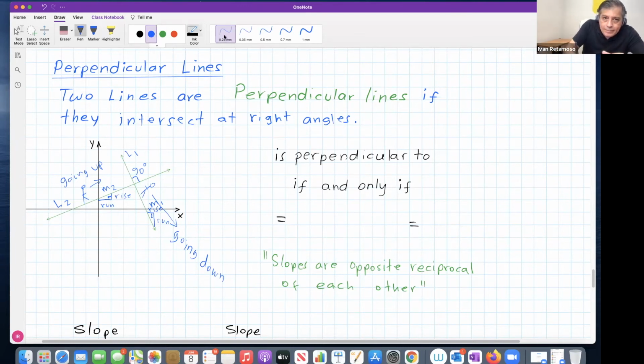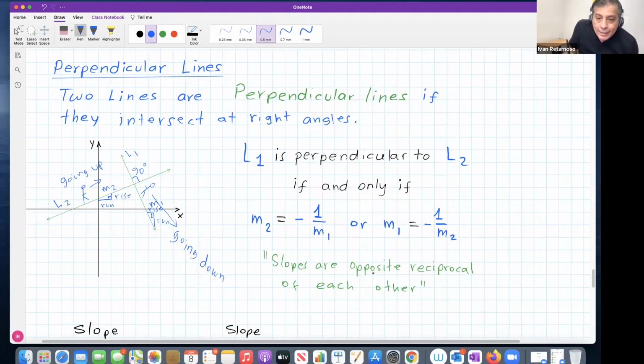L1 is perpendicular to L2 if and only if the slope 2 is minus 1 over slope 1, or equivalently, slope 1 is 1 over slope 2 with a negative sign up front, right? This way.